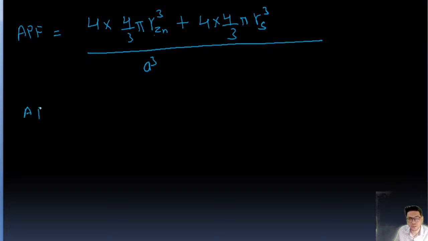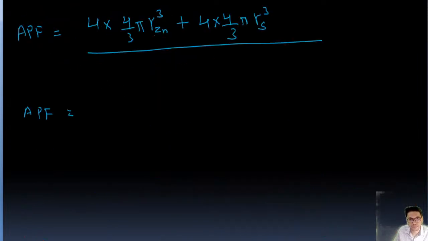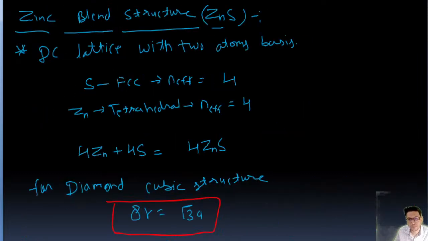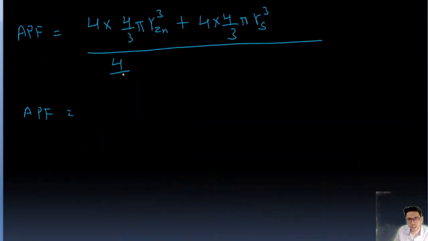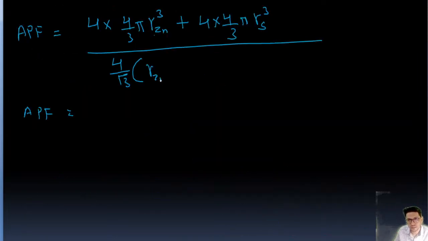So now we'll put the value. So APF is going to be this one, the a cube value I'll put directly. So this is going to be 4 by root 3 into r Zn, radius of Zn atom, plus radius of sulfur atom, whole cube, right?